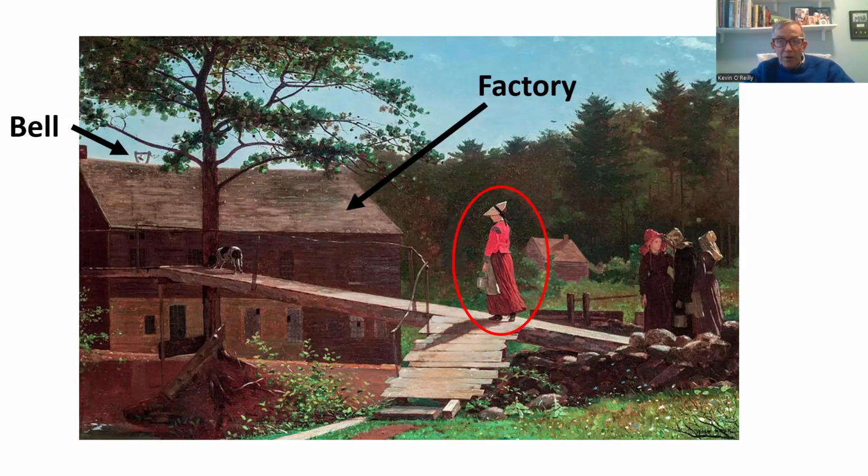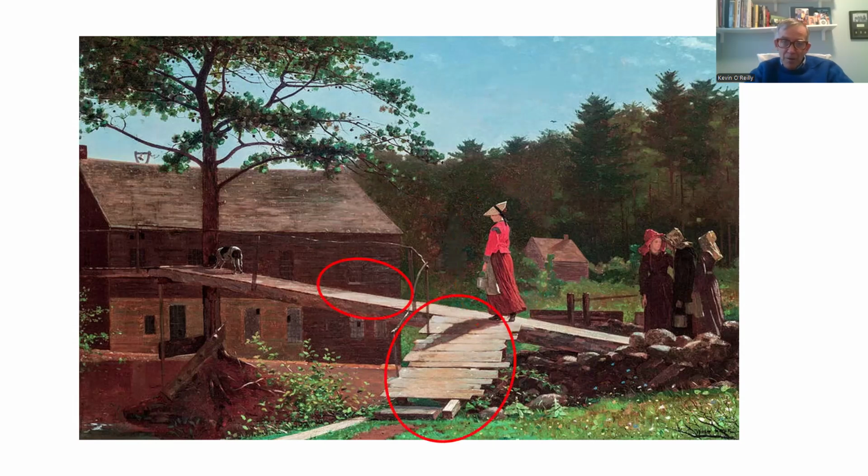So one way to do this is to focus students on particular parts of the painting. So if we look at the boards going up toward the woman and then the boards going perpendicular to them, what do you notice? Well, one is that the ones leading up to the girl are irregular. They were probably hand cut.